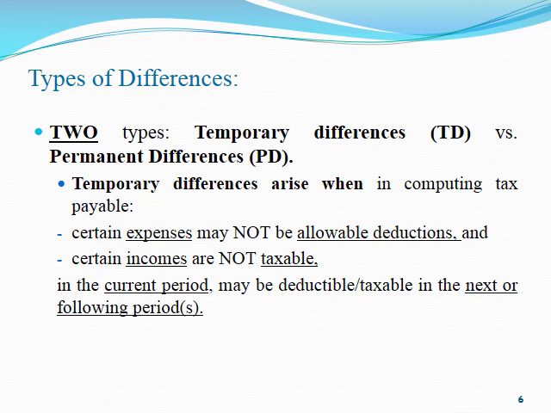So what are they? Temporary differences arise when, in computing tax payable, certain expenses may not be allowable deductions and certain incomes are not taxable, both in the current period. However, they may be deductible or taxable in the next or following periods.